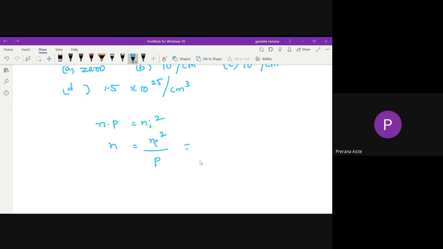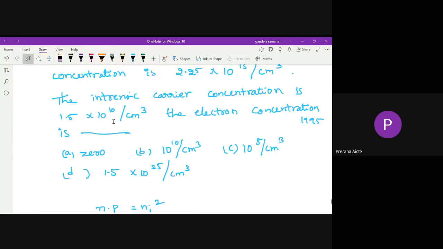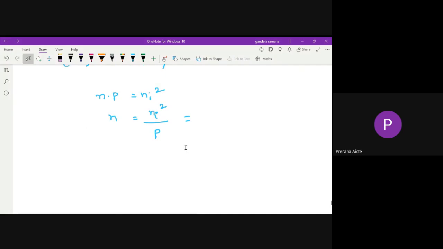We know the intrinsic concentration value, 1.5 into 10 power 10, so 1.5 into 10 power 10 squared by p.